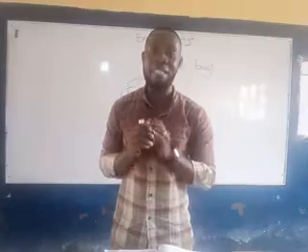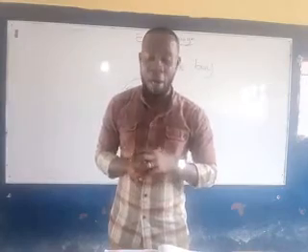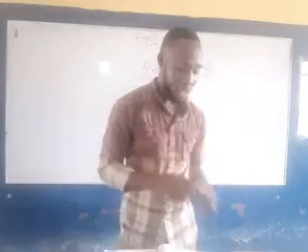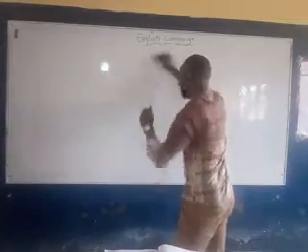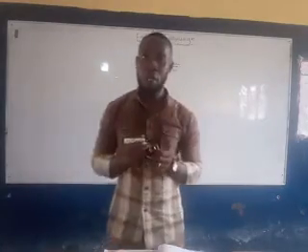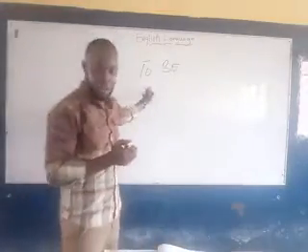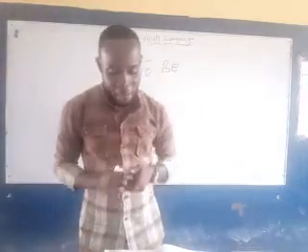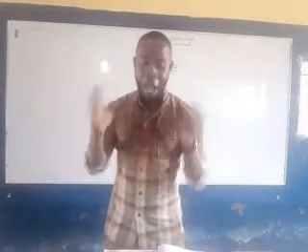So our discussion today will be on the verb to be. The verb to be. So this is the verb we are going to discuss. The verb to be is a verb that does not show action.